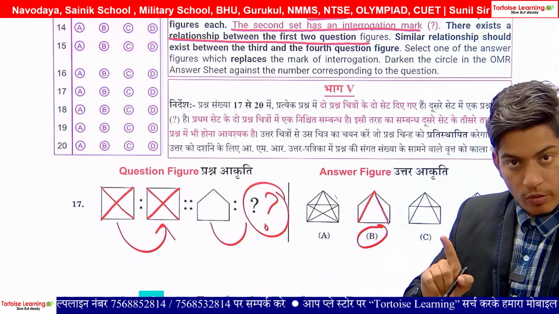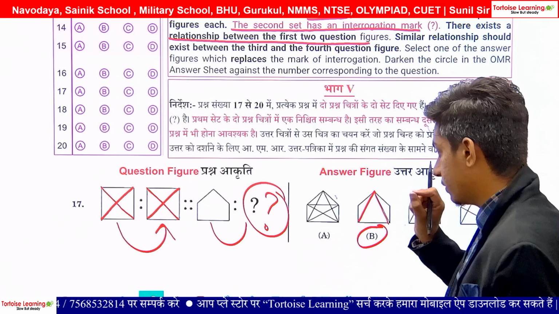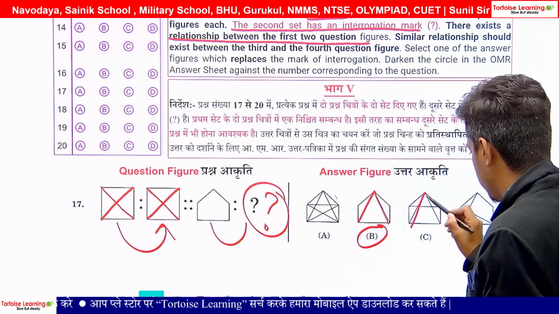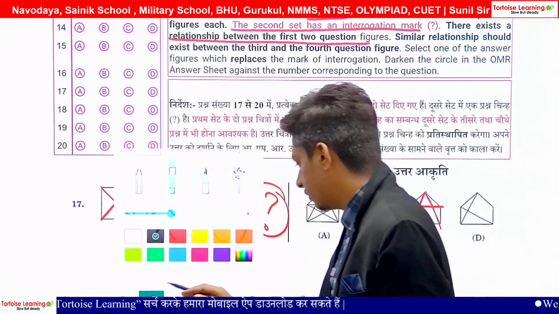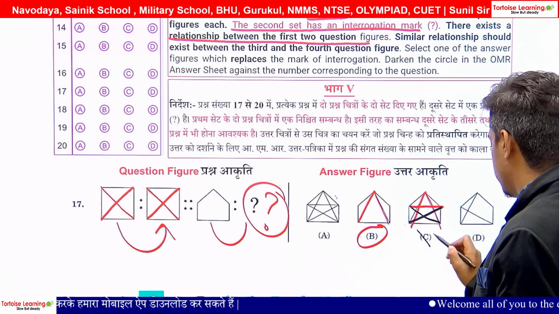This will be wrong. The reason is we have to join all the corners or vertices. Look at this, these two are missing. Which one? This one is missing. This is also missing. So this is also wrong.